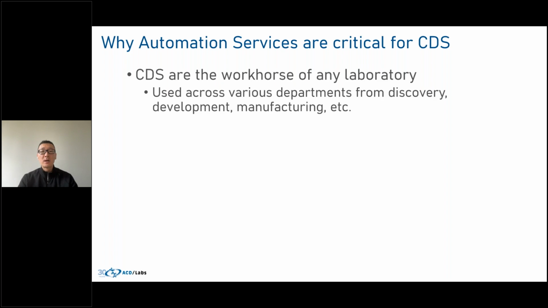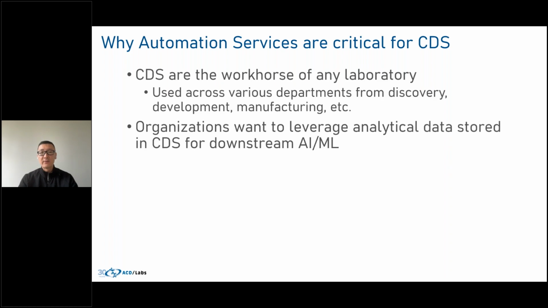So organizations, as I mentioned, they want to leverage this data because it's so rich and it's so vast in terms of the amount of data that's been captured. So a lot of organizations want to leverage this data for further downstream use, especially with AI and machine learning.